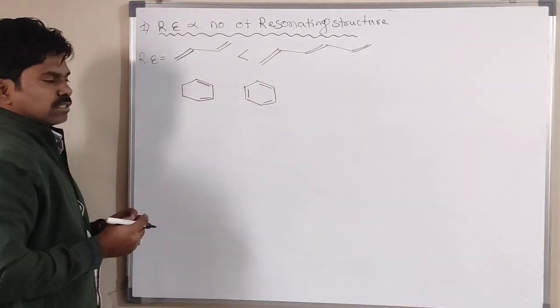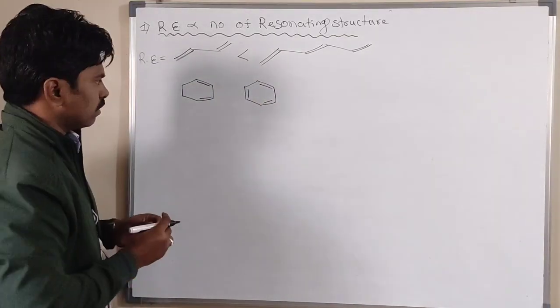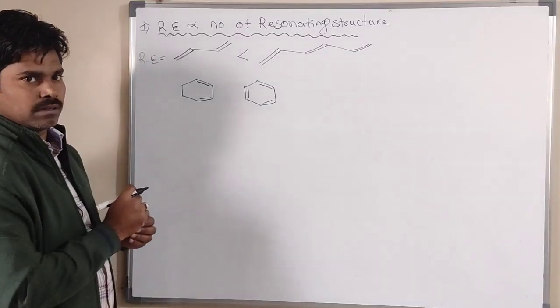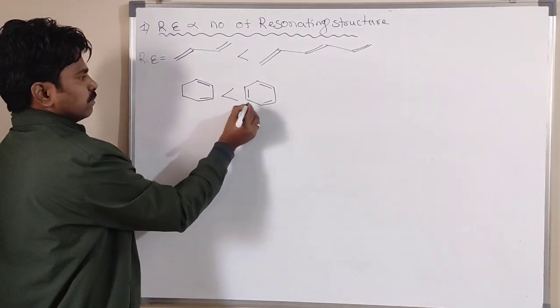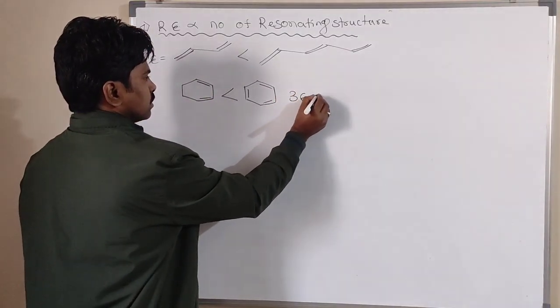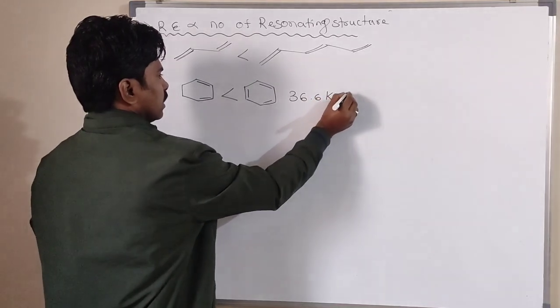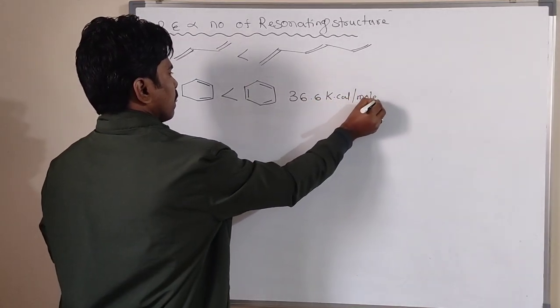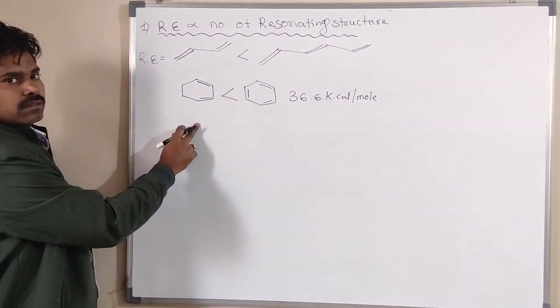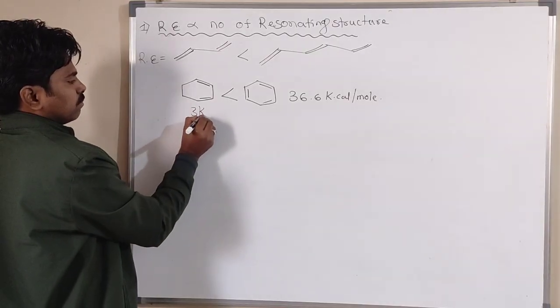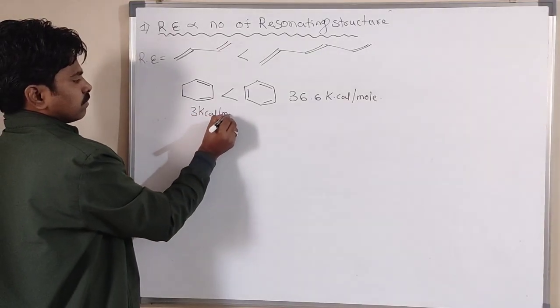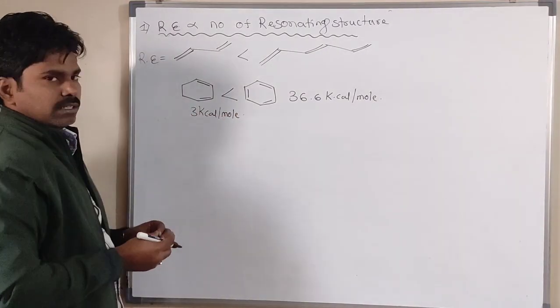We know that already this is benzene. This is the diene. So resonance energy for benzene is 36.6 kilocalorie per mole. For the double bond, 3 kilocalorie per mole. We already calculated this in the previous class.